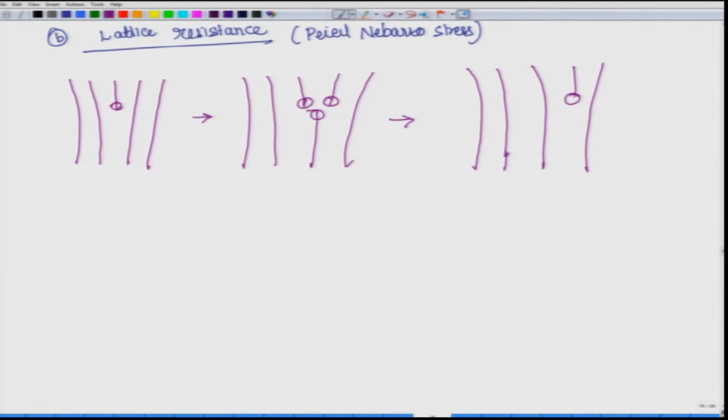Therefore, the total energy of the dislocation is changing, the core energy is changing with respect to position. This is what Peierls and Nabarro showed, and this plot is showing the change in the dislocation energy with respect to position.